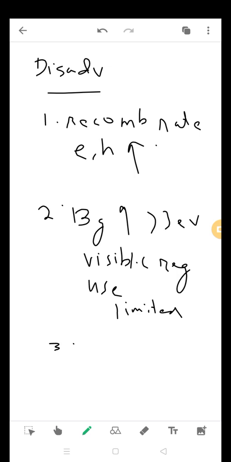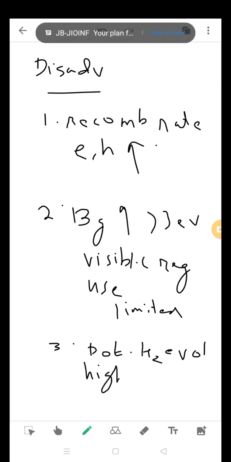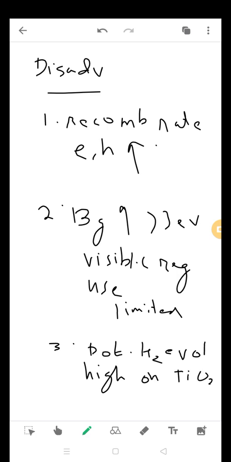And the third is there is a large overall potential for hydrogen evolution on the TiO2 surface. So the potential for hydrogen evolution is actually high on the TiO2 surface. These are the three disadvantages.